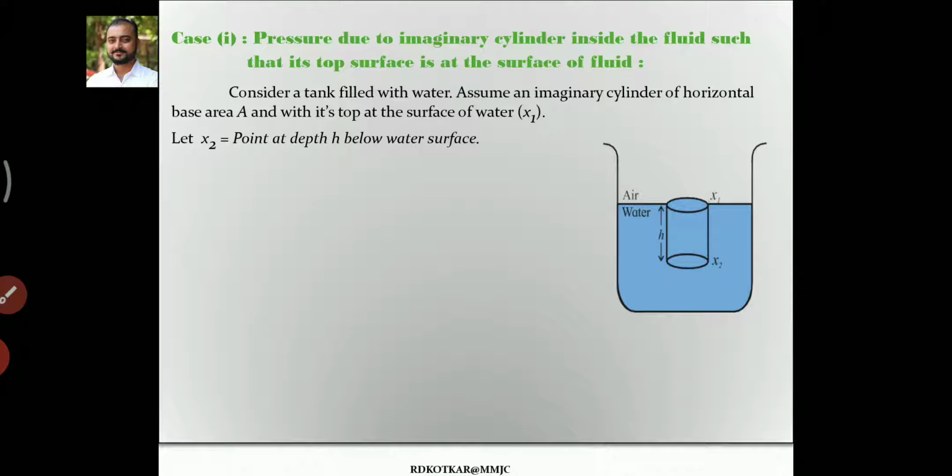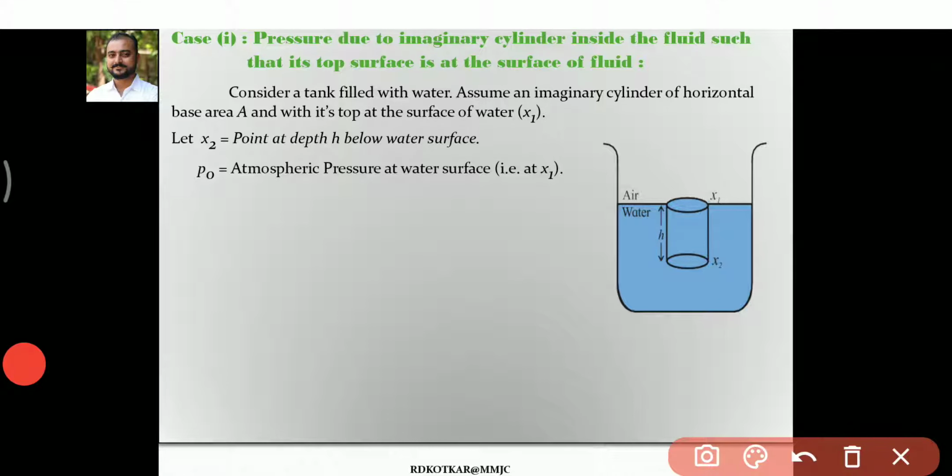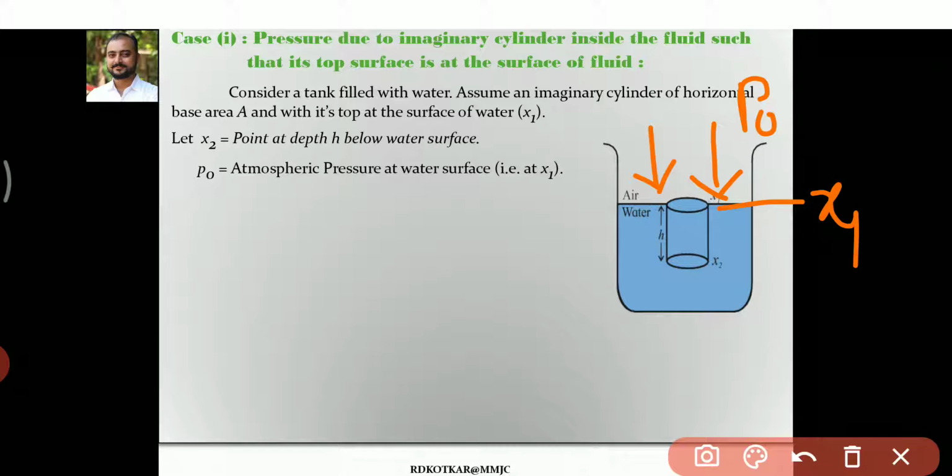Remember, it is a depth below the water surface. Then P0 is the atmospheric pressure at the water surface. The air exerts pressure on the surface of the water, which is called atmospheric pressure, and it is present at x1.